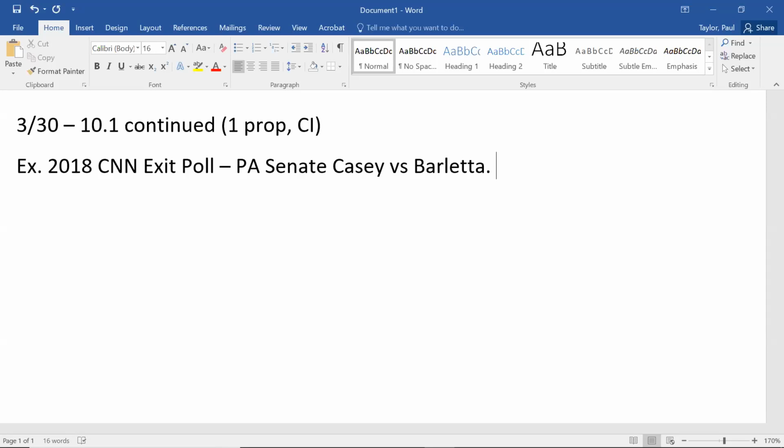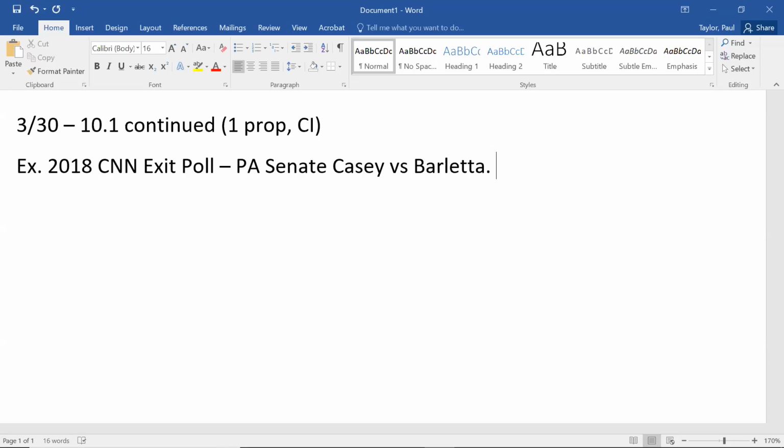So they have people go to polls all across the state, all across the country, and ask people a bunch of questions, including who they voted for, and then a bunch of demographic questions also, like how old are you, what's your income, what's your religion, things like that. They published these polls on their website.